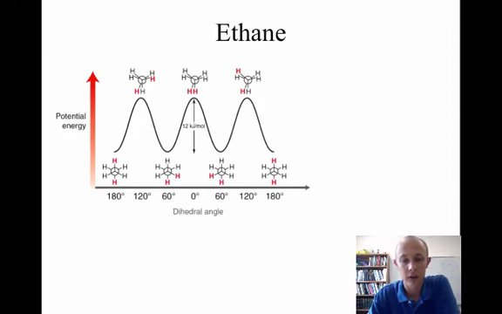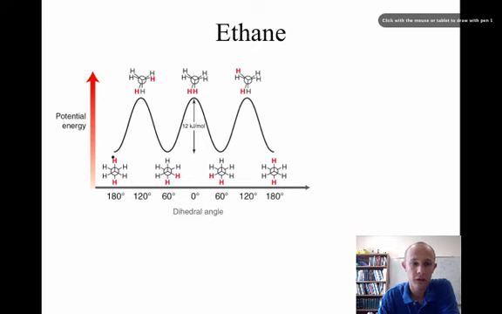So if we graph this thing, what do we get? Well, first we start with our lowest energy staggered conformation right here. This is called an energy well because we're at the lowest point of energy. But for example, let's imagine that this hydrogen starts to rotate towards this hydrogen. This hydrogen starts to rotate towards this hydrogen, so we're rotating the front carbon.